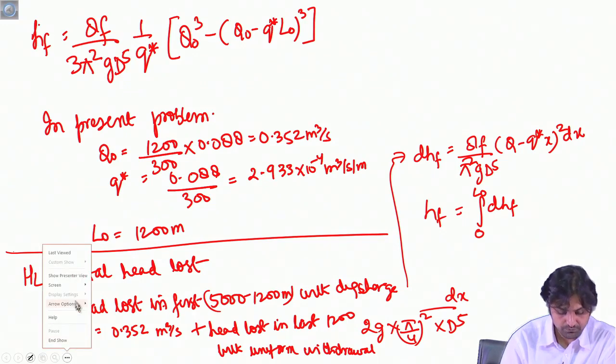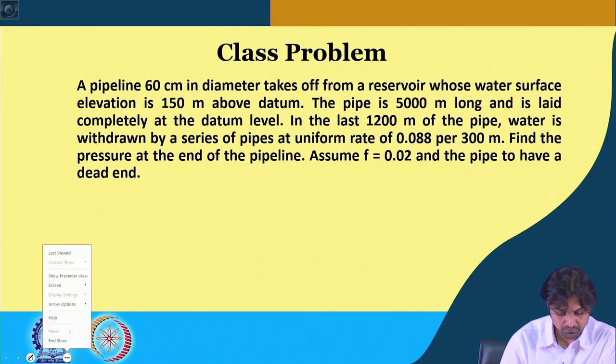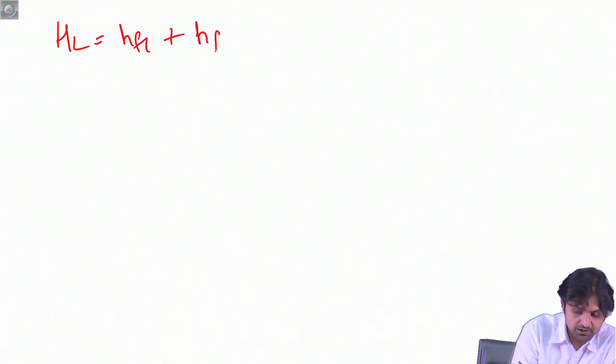So total HL will be Hf1 plus Hf2, and what is Hf1?